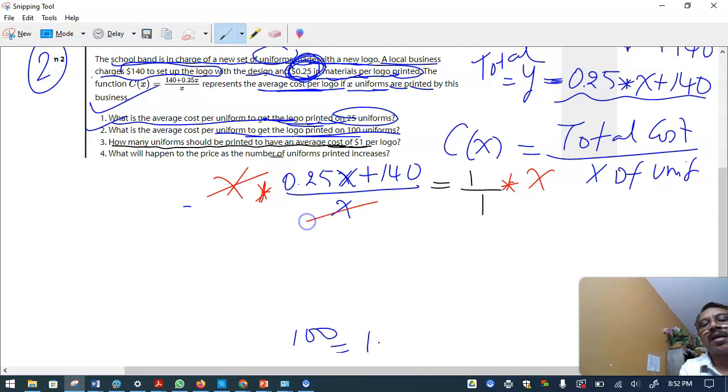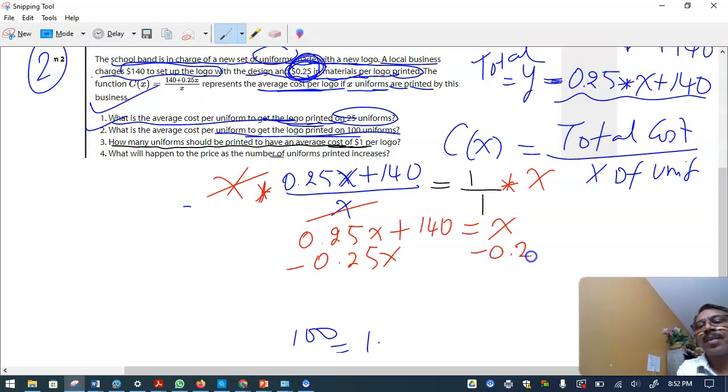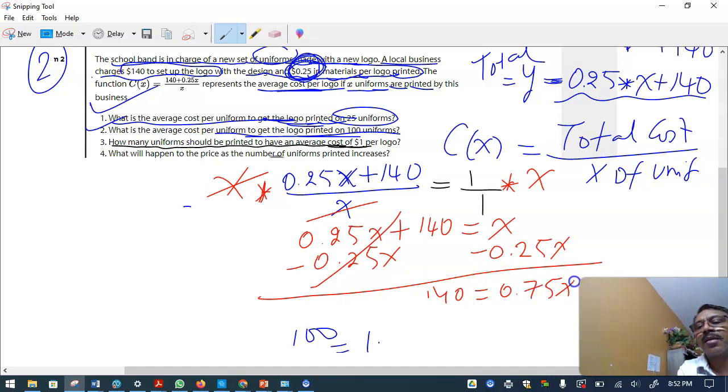This x and this x cross out, and you get 0.25x plus 140 equals x. Then you subtract 0.25x to get all the variables on one side. This will cross out and you get 140 equals 0.75x. Then you divide by 0.75.